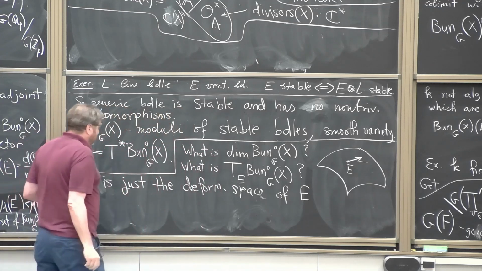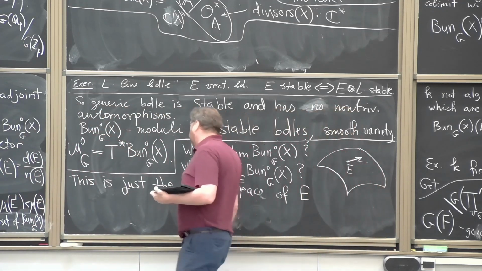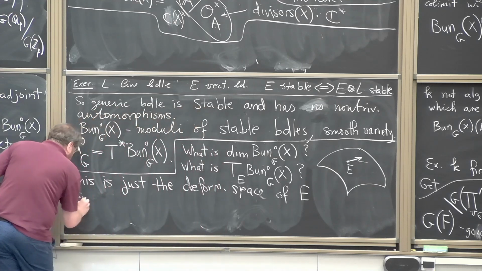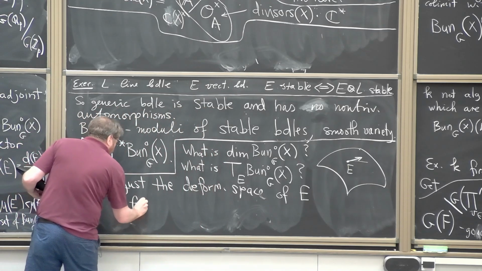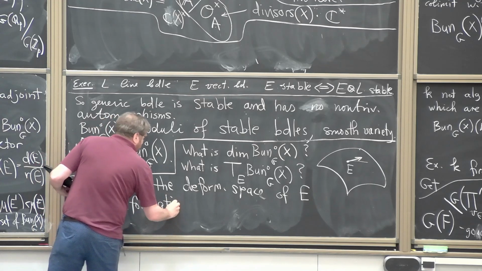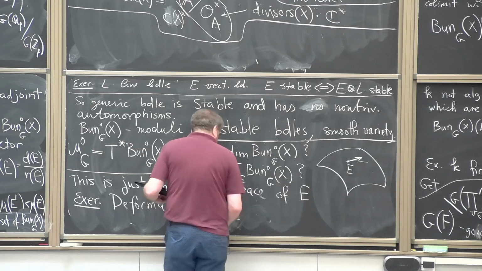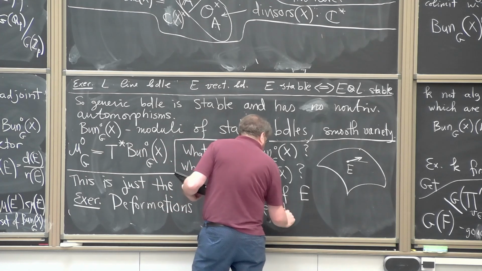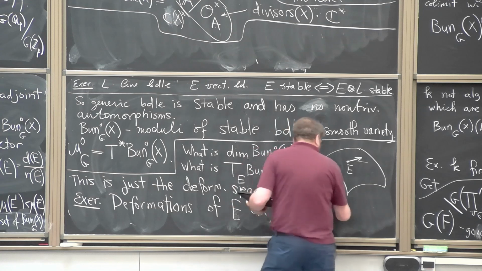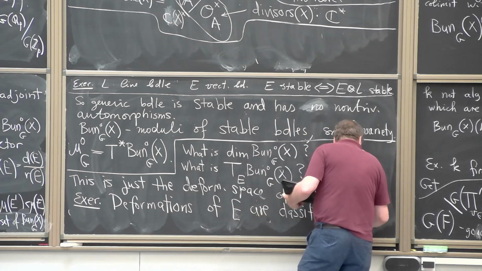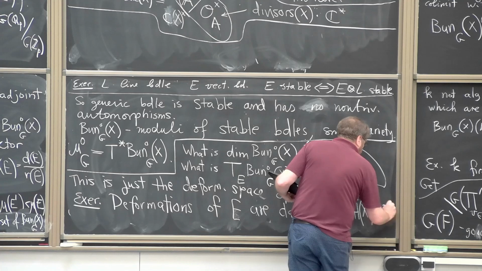And it's easy to see, so it's an exercise, that the deformations of the bundle E are classified by H1 of X with coefficients in the adjoint bundle.